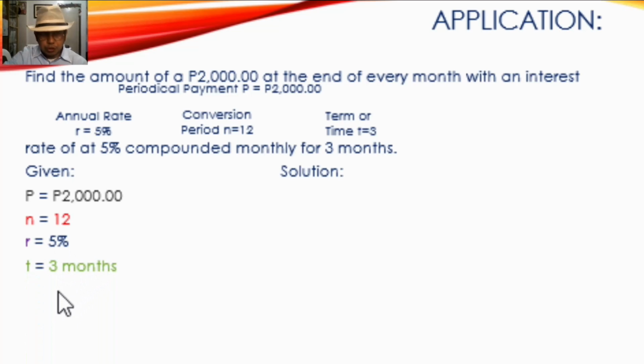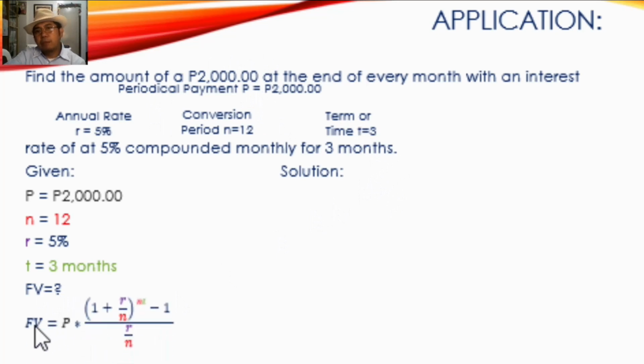And of course, the term or period of the investment or loan is 3 months. Now, what is the problem? What is the future value of the simple ordinary annuity? Or shall we say, what is the future value of this payment at the end of 3 months? So how do we solve the problem?